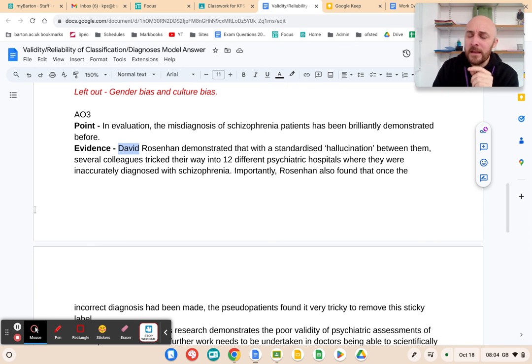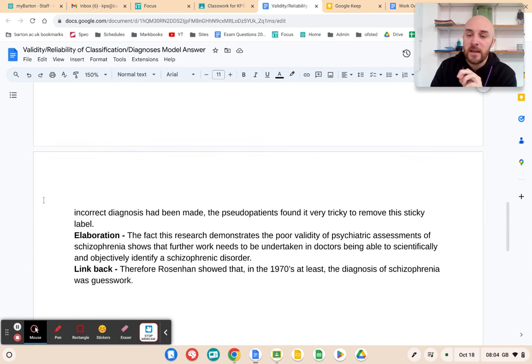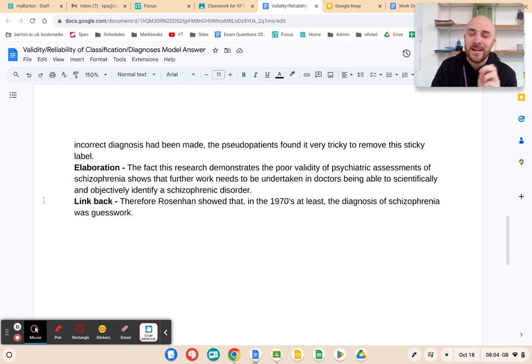And importantly, Rosenhan also found that once the incorrect diagnosis had been made, the pseudo patients found it very tricky to remove this sticky label. Essentially, what I'm saying here is the fact that this research demonstrates the poor validity of psychiatric assessments of schizophrenia shows that further work needs to be done by doctors to be able to scientifically and objectively identify a schizophrenic disorder.